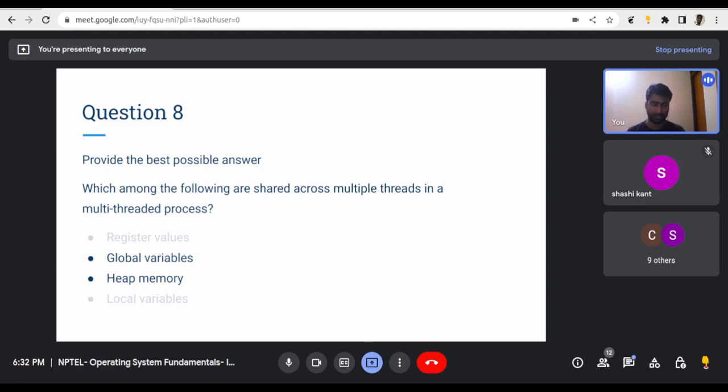The local variables are stored in the stack, and the register values are stored in the registers. One of the registers, as you may know, is the program counter that keeps track of which part of the code is executing. That requires separate copies for the separate threads. Anyway, let's get to the next question.